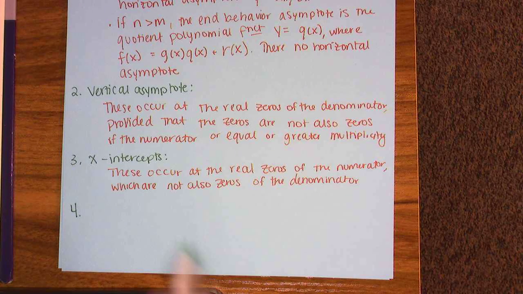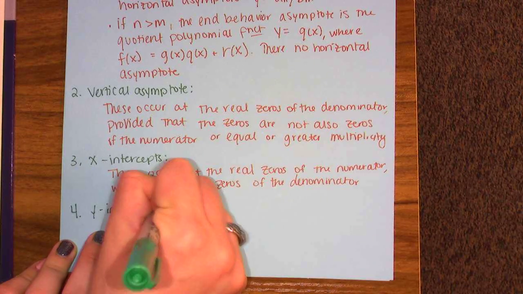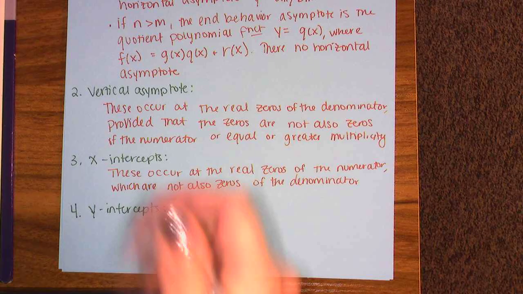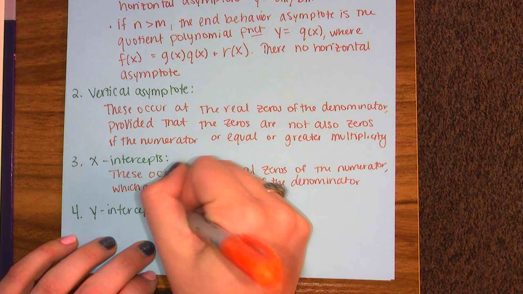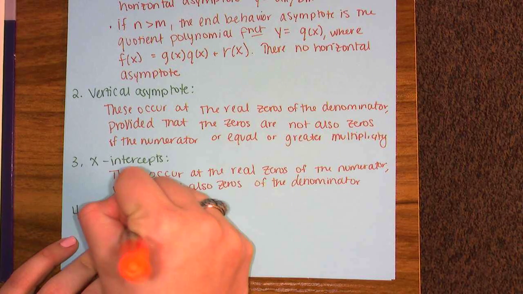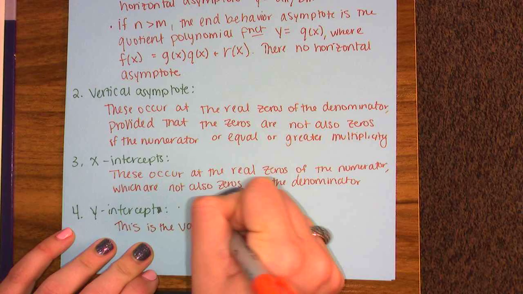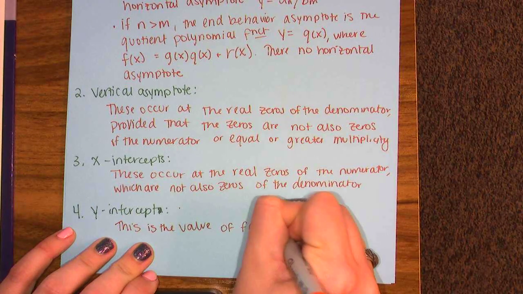And so lastly, then we have the y-intercept. It is a little box in the book. This is the value of f of 0 if defined.